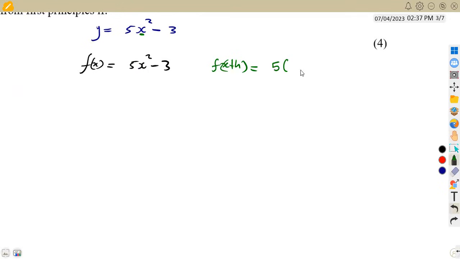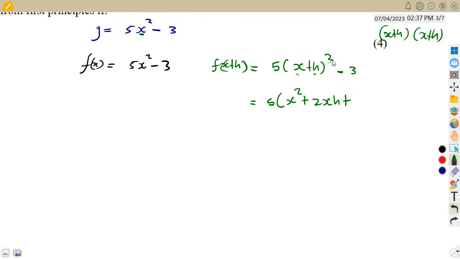So take note, it's 5 into x plus h squared. But there is a minus 3 that is there. So whatever that you're going to get, we must subtract 3. And remember, I talked about the expansion of a squared, this one. Yes, you can open 2 brackets. It's fine. You can expand on your own. Just use the identities, guys. We said this one is going to be x squared plus 2xh plus h squared.